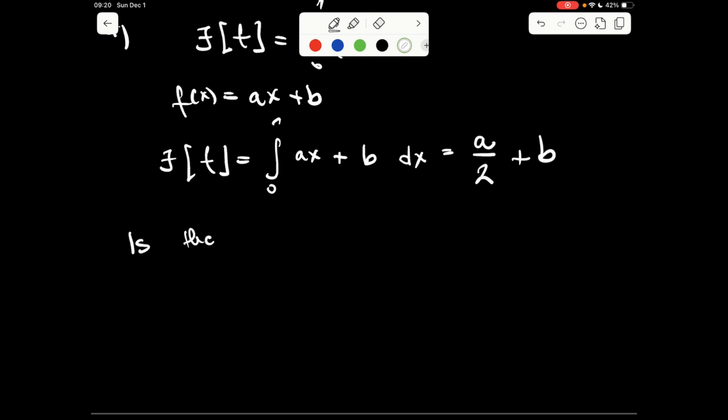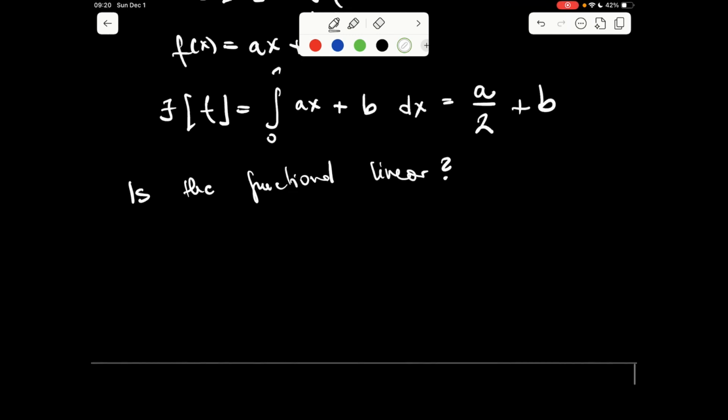Is this functional linear? Functional, not the function, functional. Just as always, we need to check if some properties hold. We need two properties.